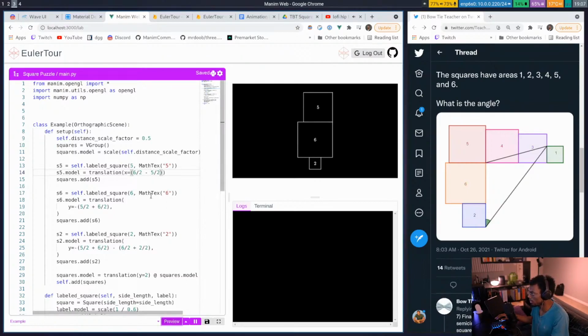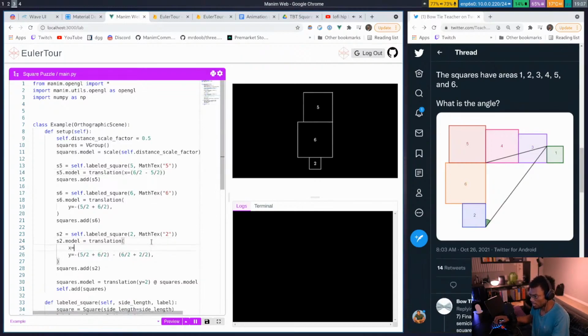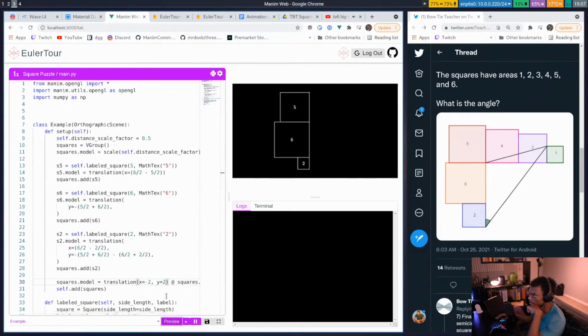Okay, that wasn't nearly as bad as I expected. And this, it's going to be 6 over 2 minus 2 over 2. Great. Then let me put -2 translation or so on this.